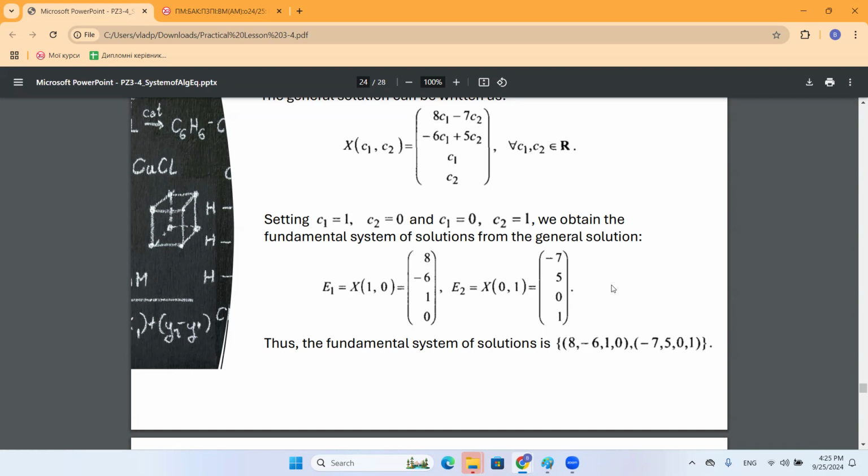The fundamental system of solutions has such a form of record. We have identity vectors, so one component has the value one and the others are zeros, sequentially.